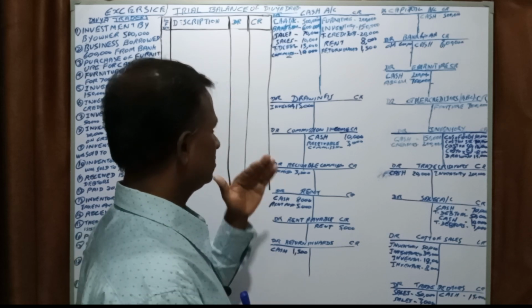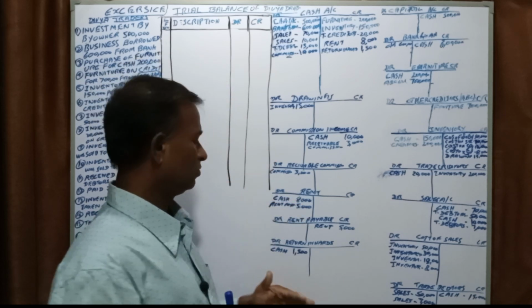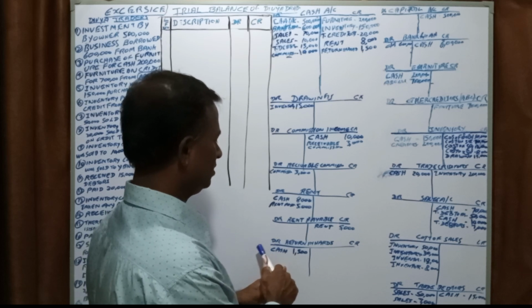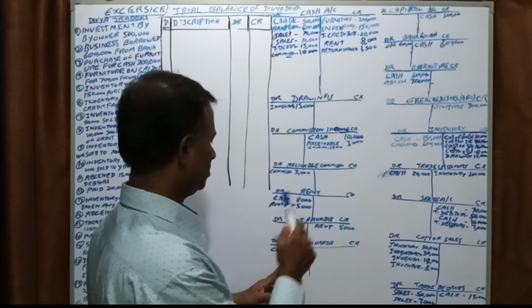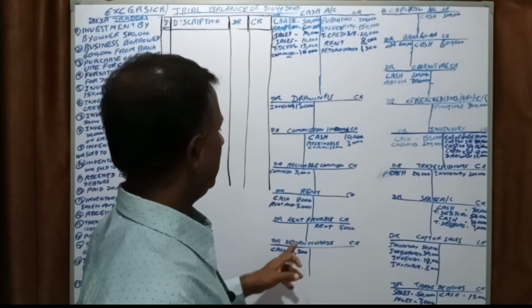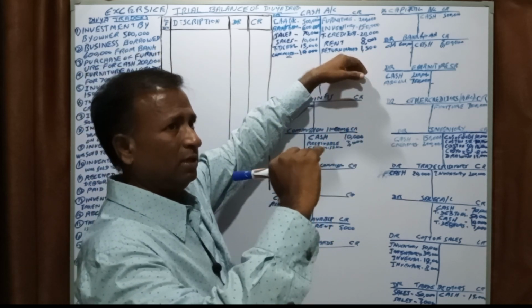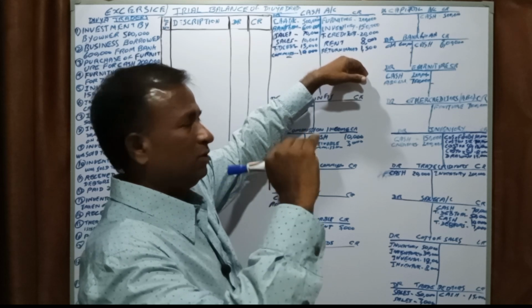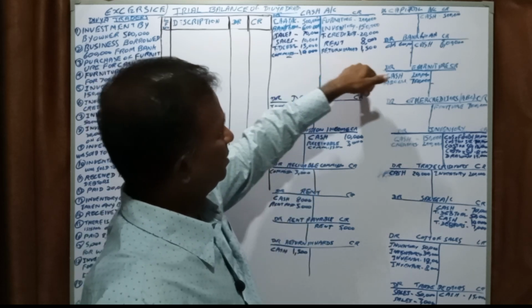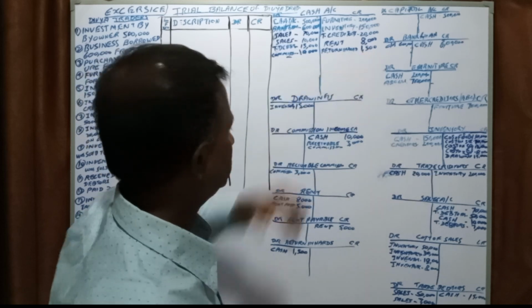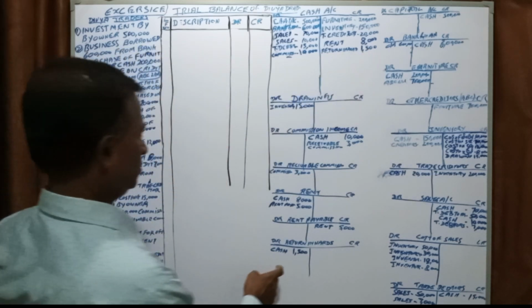So the sales has to be reduced. For that, we are passing the return inwards sales account debit, and cash account we are paying out that money equal to that return, that was 1,500 we have paid.